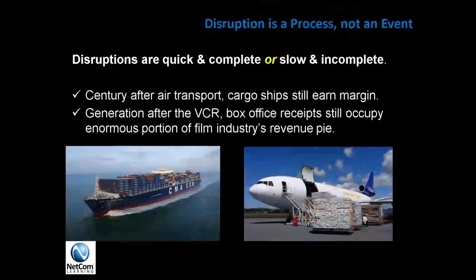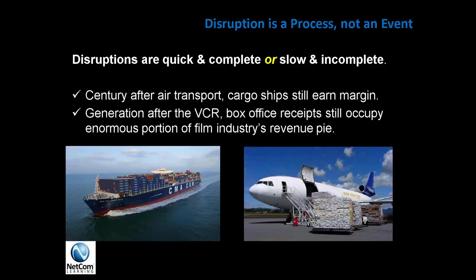So let's jump in. Disruption is a process. It's not a single event. Disruption could either be quick and complete, or slow, gradual and incomplete. For example, when air freight became prominent, most people incorrectly predicted the demise of cargo ships.